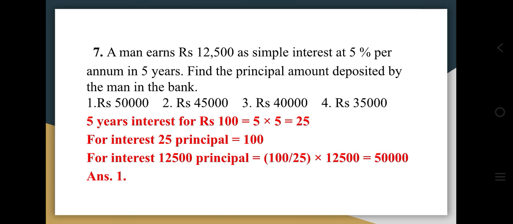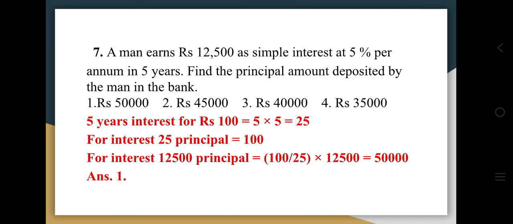A man earns 12,500 as simple interest at 5% per annum in 5 years. So find the principal amount deposited by the man in the bank. So 12,500 simple interest in 5 years at 5% rate of interest.